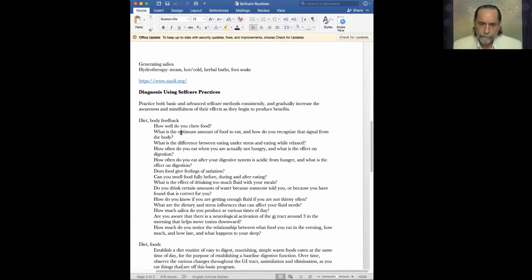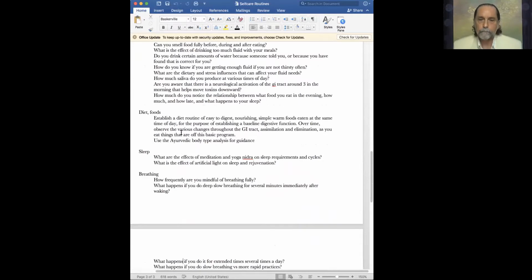So with the diet and the foods, the most basic principle here is set a baseline diet, because you can't experiment if your diet's all over the place and if you don't eat regularly. So same time every day, breakfast, lunch, and dinner, and pretty narrow diet. So what I generally recommend is warm food, easy to digest food.